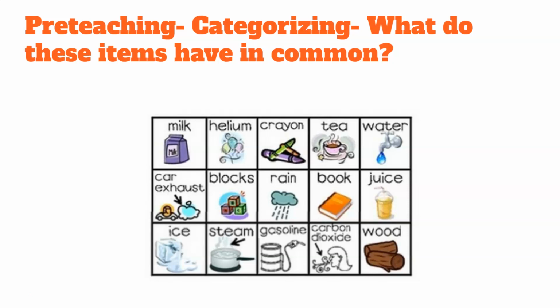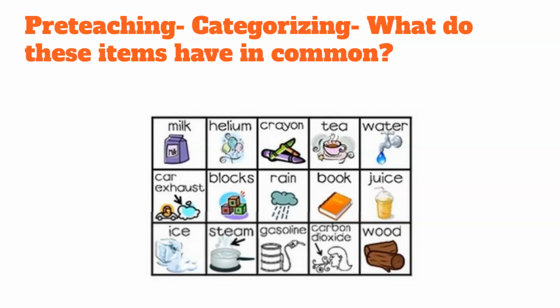Why did you group these things together? What do they have in common? Why did you put these things over here? And so it's interesting to see what the students are able to come up with. And it gives you an idea of what they already know about the information. And they start to come to some pretty cool conclusions.